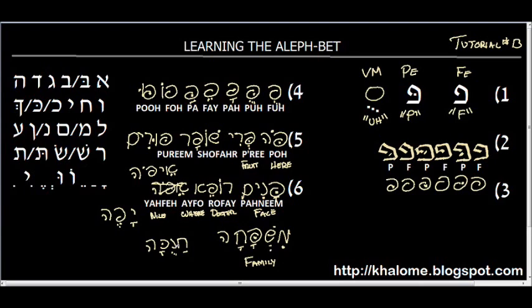So there's the kibbutz in there, and then we learned the kaf in the middle, with the dagesh. Okay, so that's the pe and the fe.